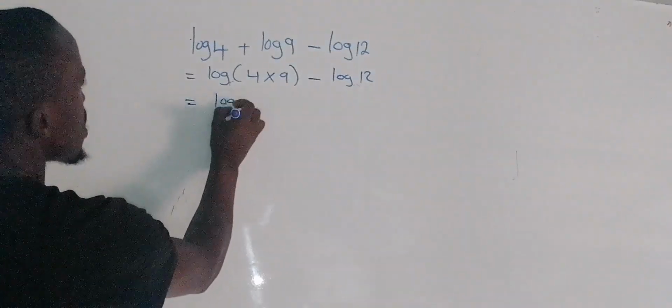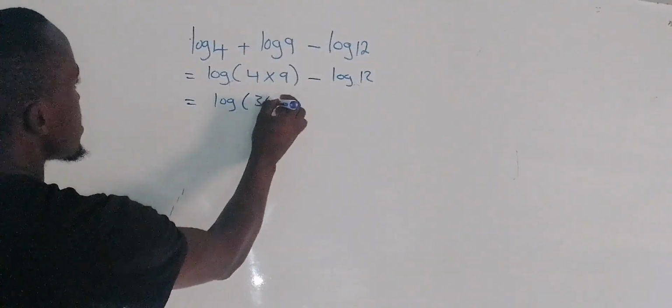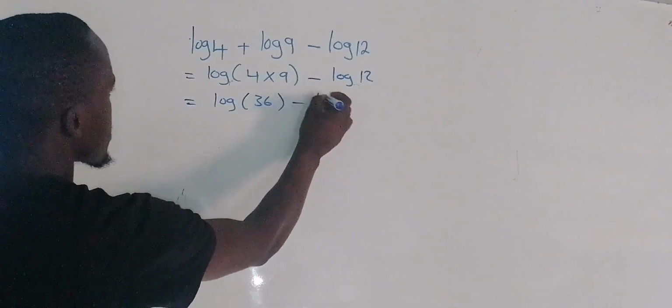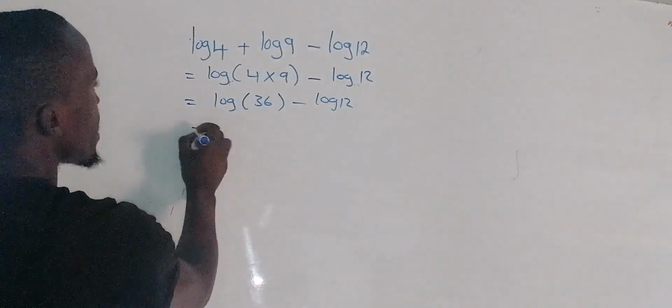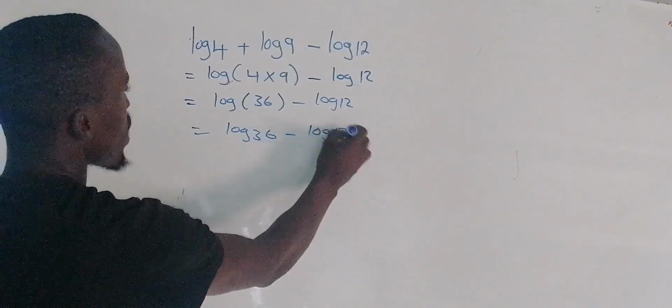Now log 4 times 9, we're getting what? 36 minus log 12, meaning that log 36 minus log 12.